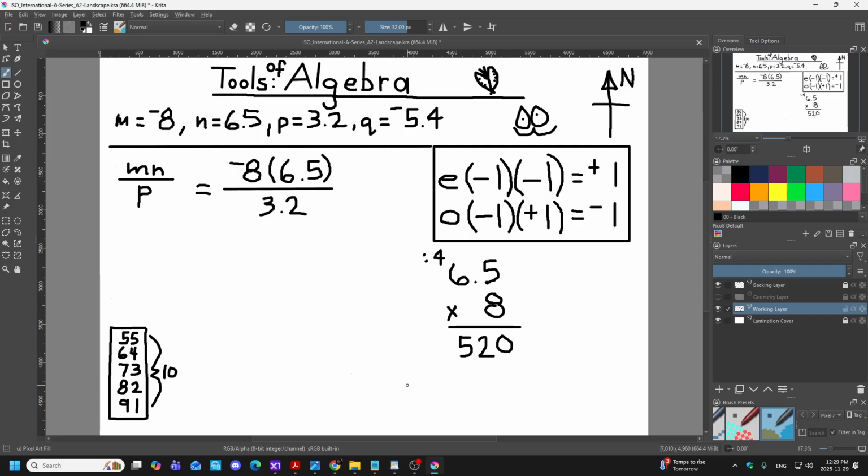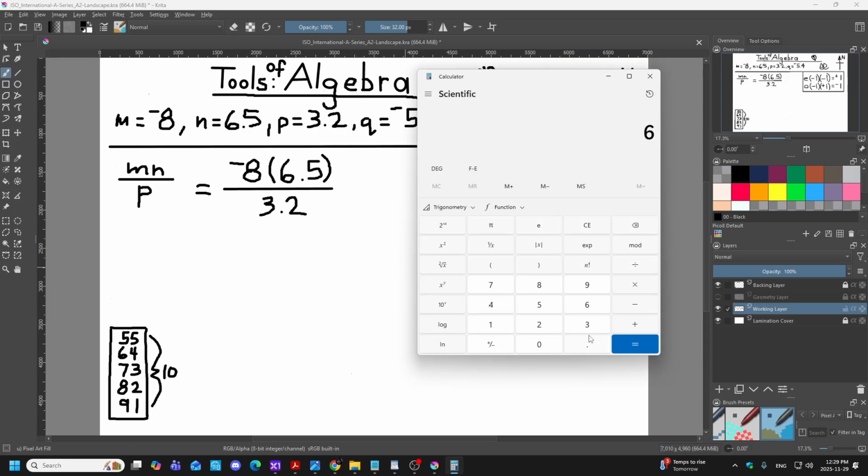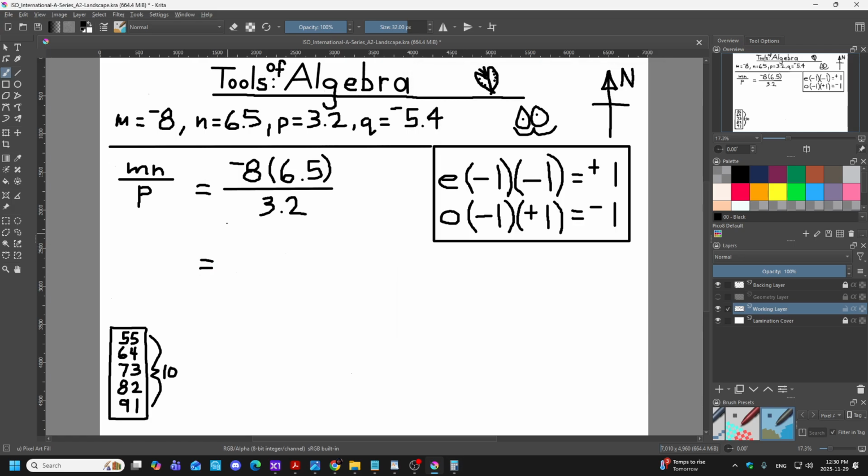Let's check our answer. I might speed things up using the calculator. 6.5 times 8, 52 even. Don't forget your sign. All divided by 3.2.